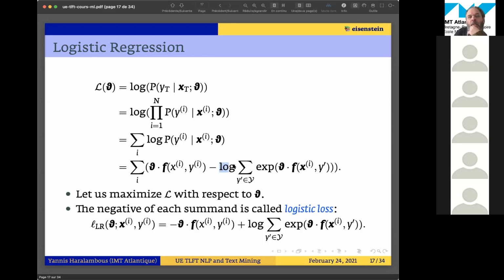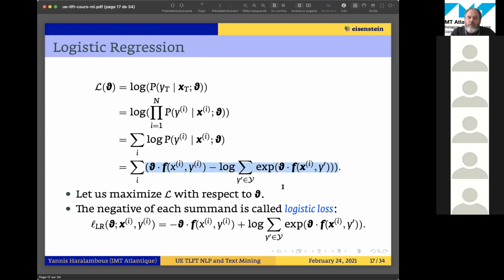And this is typical in these kinds of machine learning algorithms. You often have logs of sums of exponentials. It's called the log sum exp. Likelihood is considered as a function of the parameter. So we want to maximize this with respect to theta. We will take this part, which is the summand for a given i, and we will call the negative of it the loss.